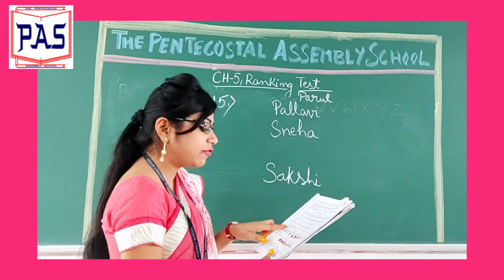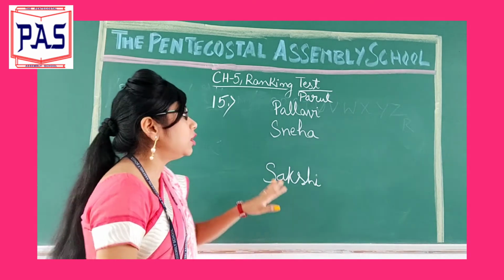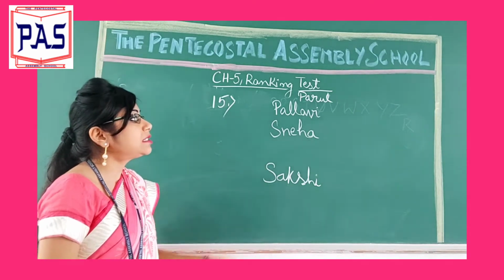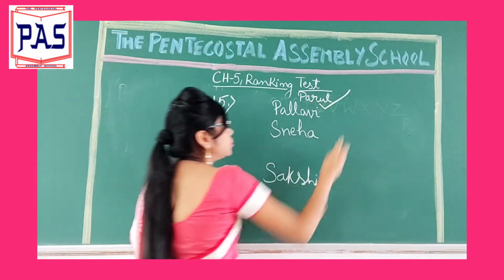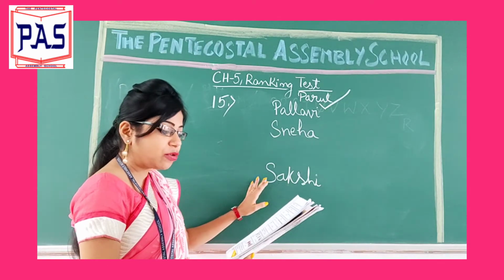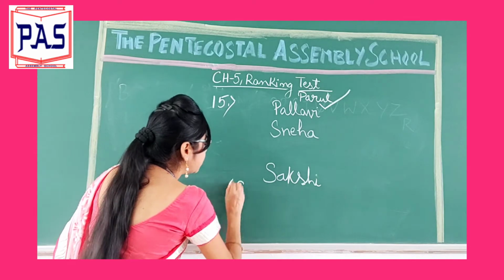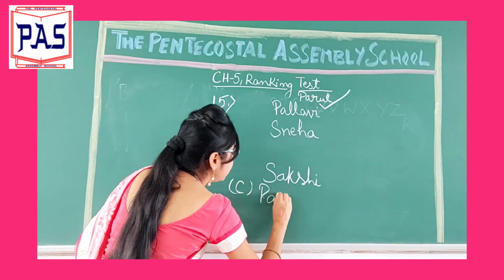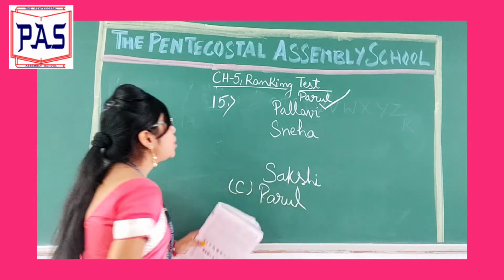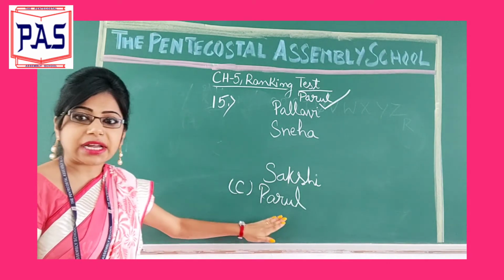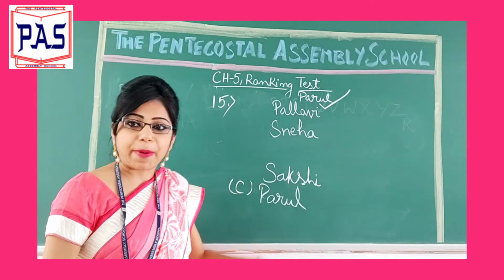Who among the following is the tallest? Parul. So in which option are you getting Parul? In option C. So your answer will be option C, Parul, for question number 15.